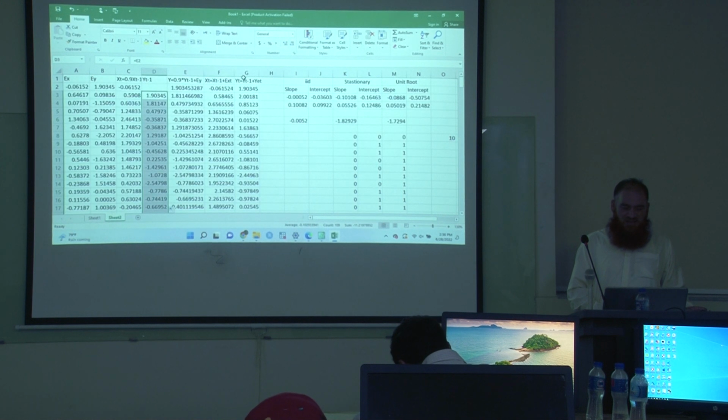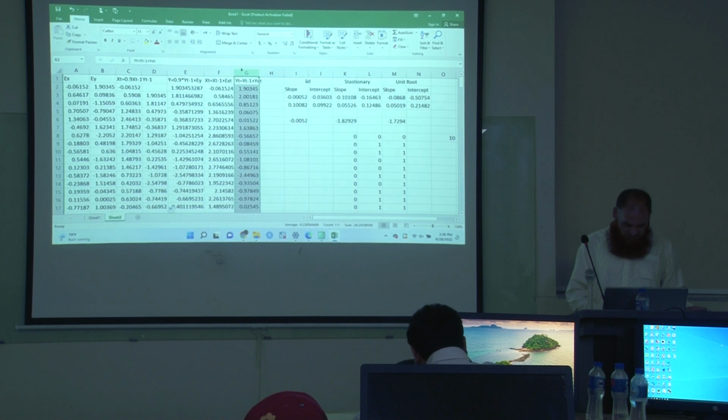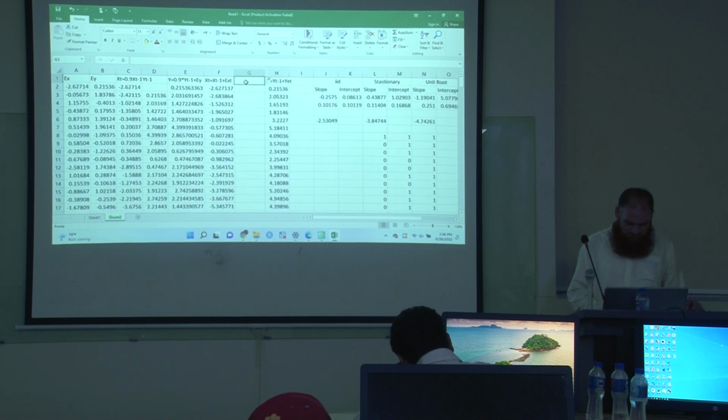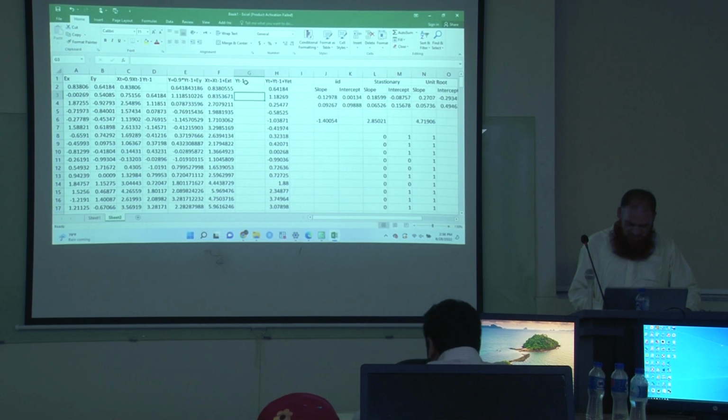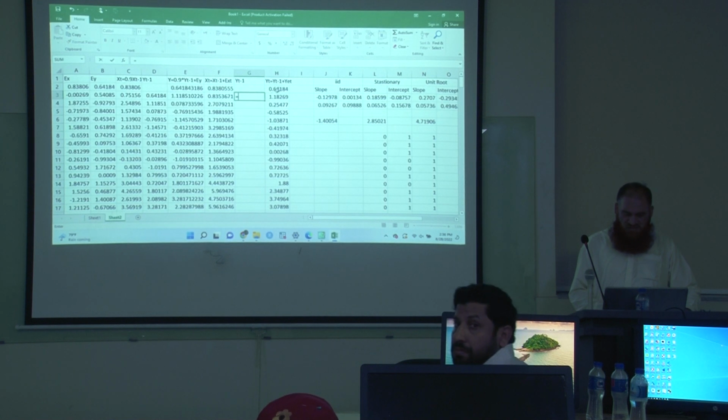Similarly, in case of unit root, I am inserting one more column, and I will put the lag values here. The first cell is blank, and the observation number 1 should be written in front of 2.